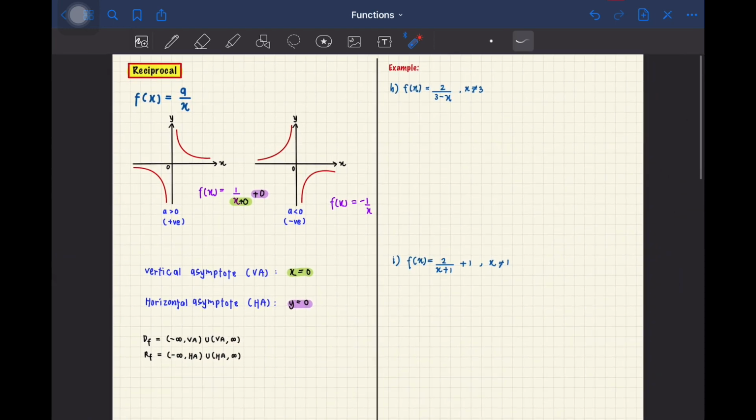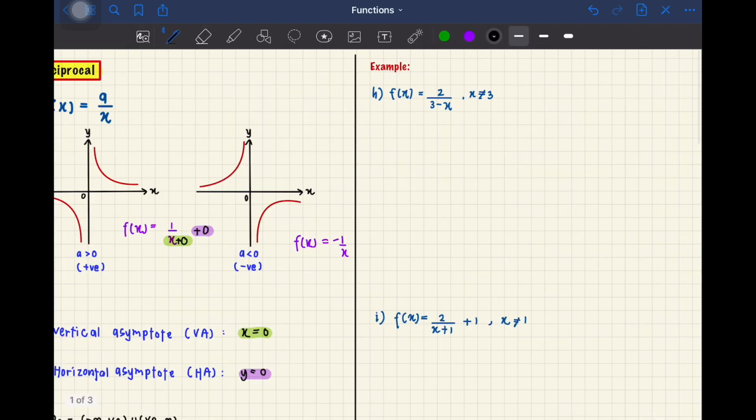Okay, so let's take a look at the first example, example H in your notes. Okay, so we have f(x) is equal to 2 over 3 minus x. Okay, so for the first step, kita akan pastikan what is our basic shape dulu. So number 1 is gonna be the shape. Nak pastikan shape awak tengok sahaja dekat depan x awak ni, what is the sign?